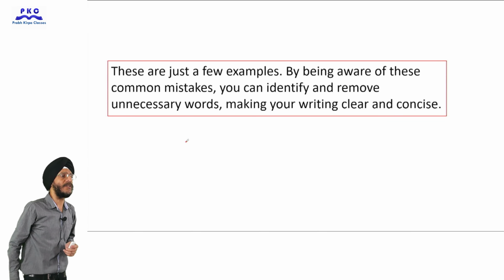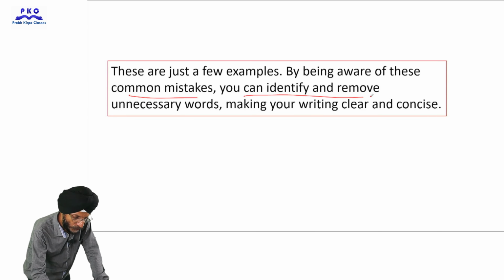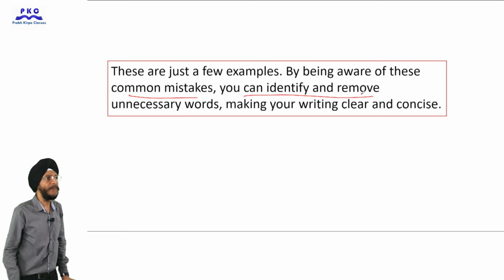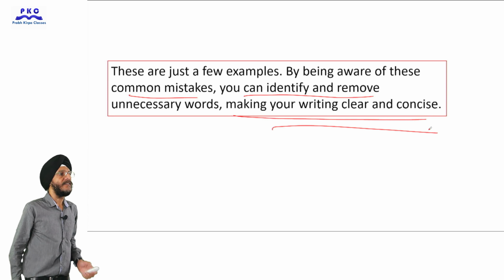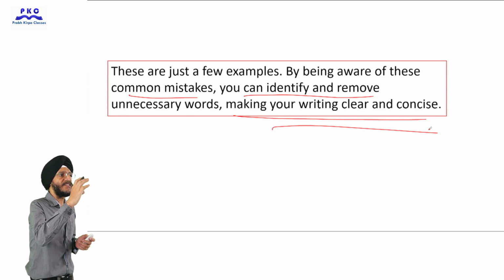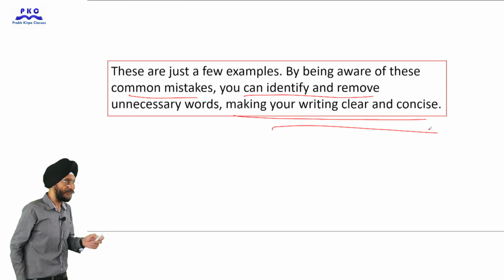These are just a few examples. By being aware of these common mistakes, you can identify and remove unnecessary words, making your writing clear and concise so that your message is clearly understood by the reader.